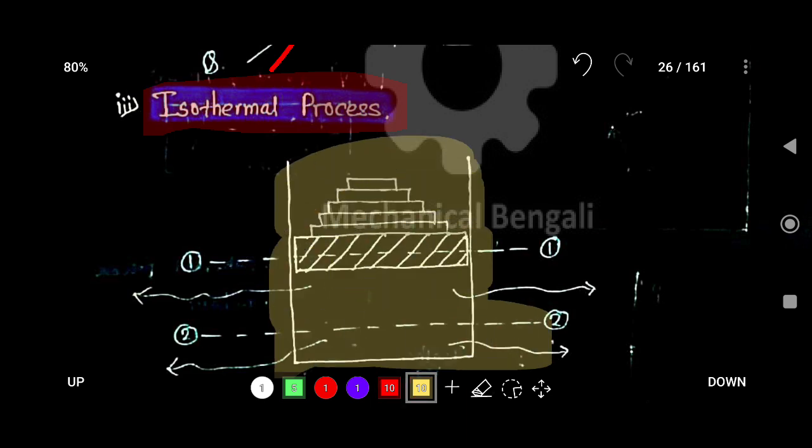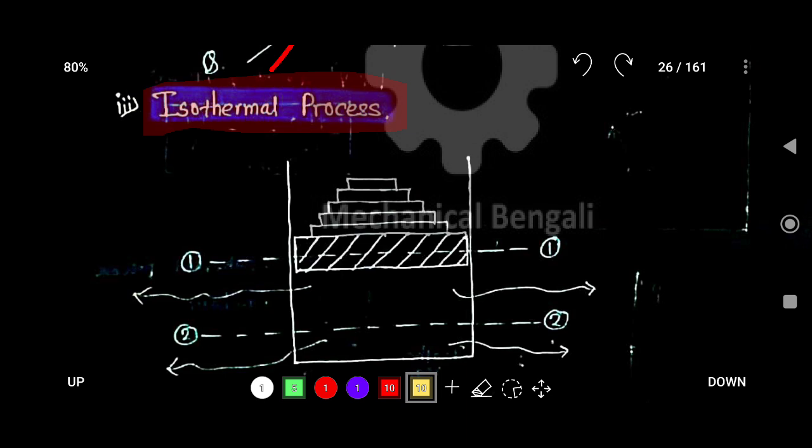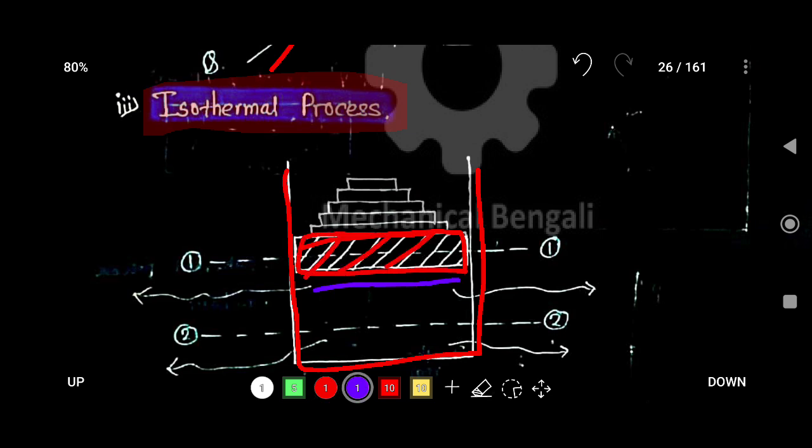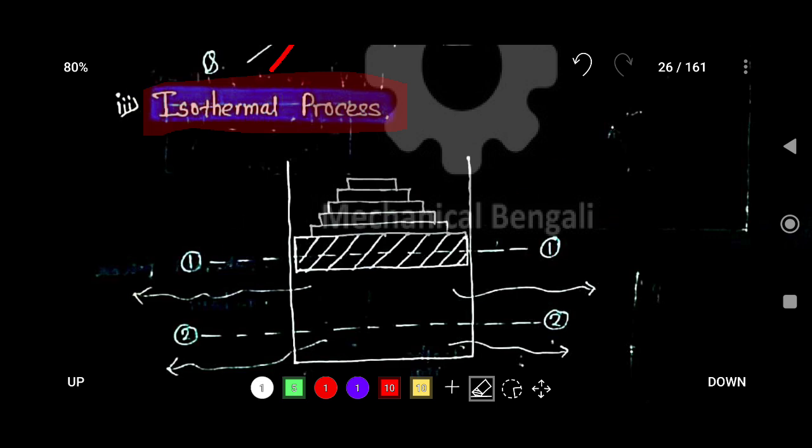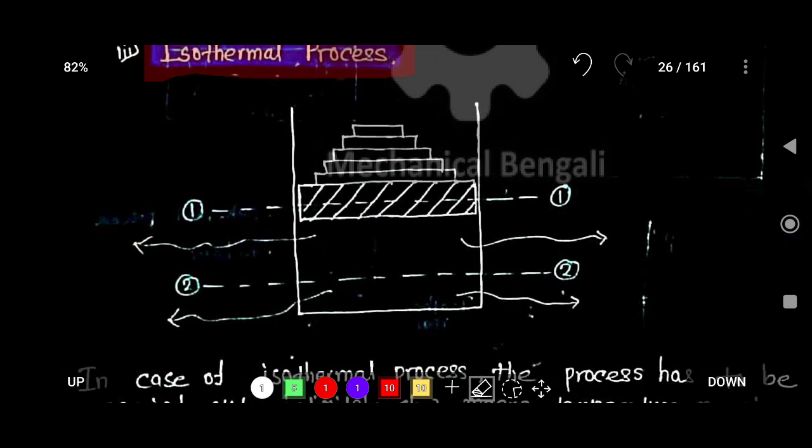In that system there is a wall, and the piston is on top. Suppose the initial position of the piston is this, so this is the initial position 1-1.